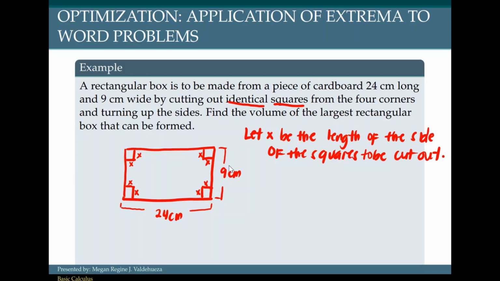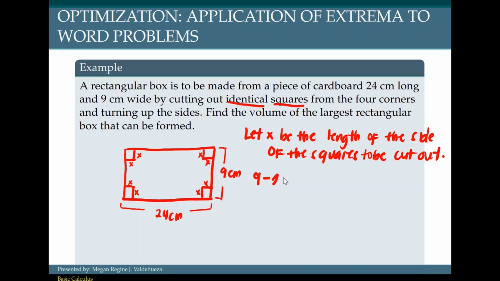So what will happen if we will cut out these squares from this side? So we will have 9 minus what is the length of this part. Since this is x, this is also x. And since this is x, this is also x. So how many x we will cut out?